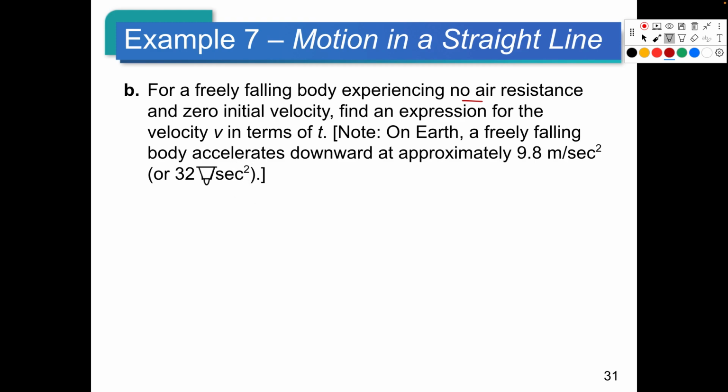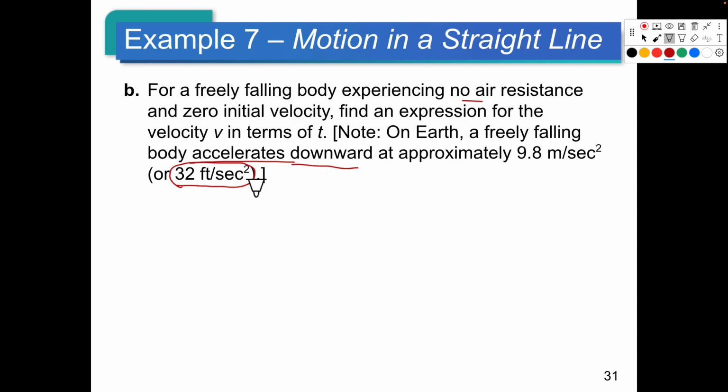So notice they're giving us the rate of acceleration. Freely falling body accelerates downward. So if it's going downwards, what direction or what sign should we have? We could go with either one of these, either 32 feet per second squared. And remember, those are the units for acceleration.